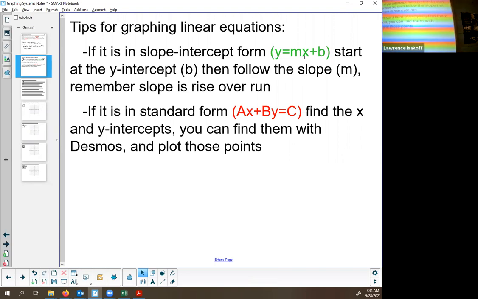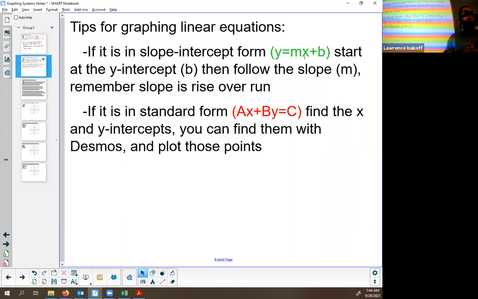Here are some tips for graphing a linear equation. Because we're going to have to graph linear equations well and accurate. It's not just important that you get a little bit of it down, like, okay, I kind of understand it. No, we need very accurate lines graphed here.